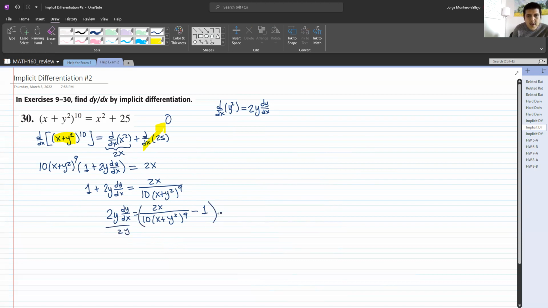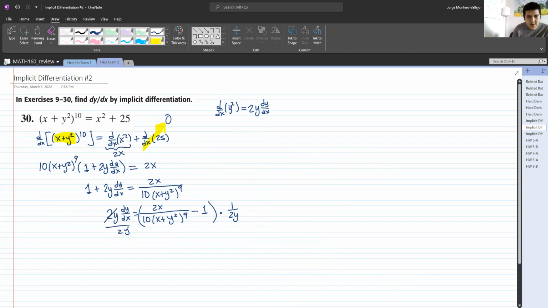But remember that dividing by 2y is the same as multiplying by 1 over 2y, right? I want to write it that way on the right side, because what I have on the right side is already a big thing. If I divide it by 2y, it becomes messier. But it's better if we remember that dividing by something is the same as multiplying by 1 over that, right? So I'm multiplying what I have on the right side by 1 over 2y.